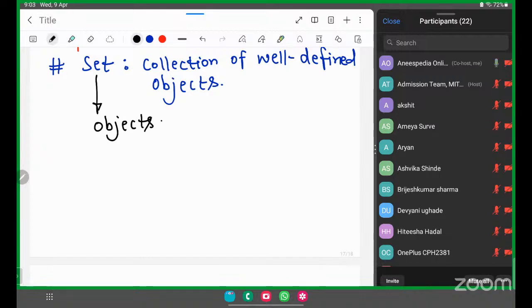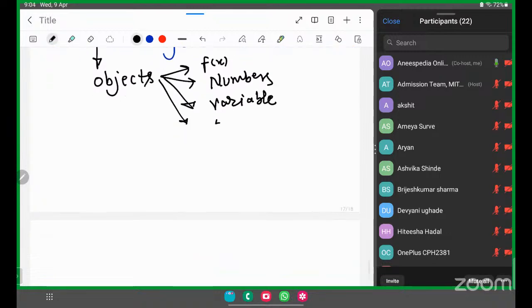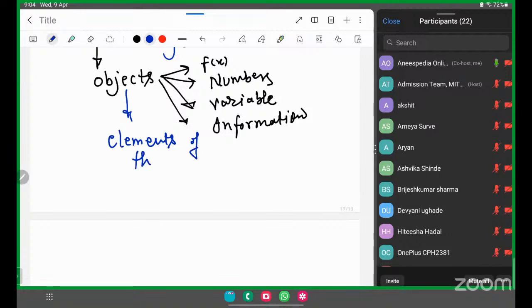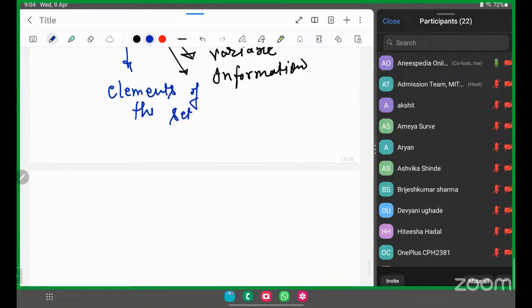These objects may be functions or numbers or any variable or any information. All these objects are known as elements of the set.